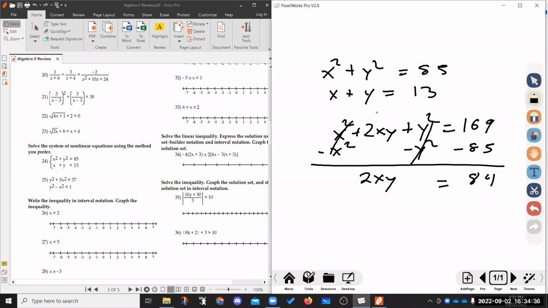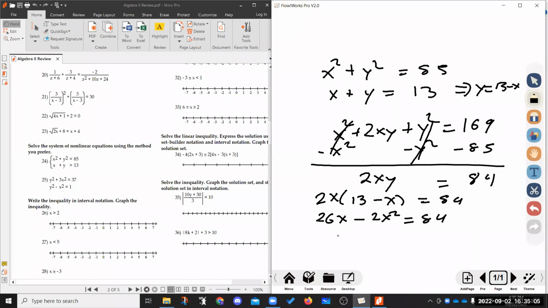Now I'm going to solve for either x or y. I don't care which here. y is equal to 13 minus x, let's say. So if y is 13 minus x, then 26x minus 2x squared is equal to 84.